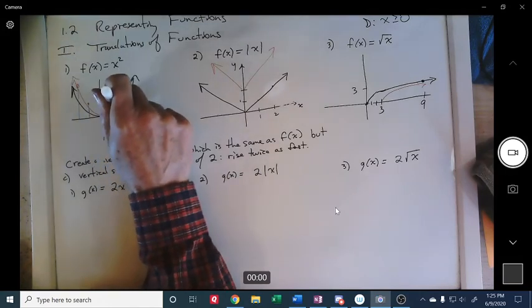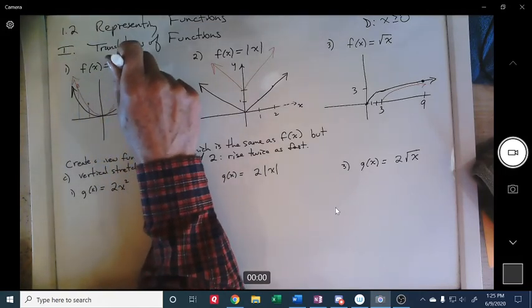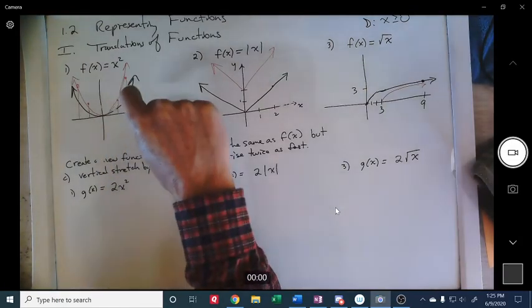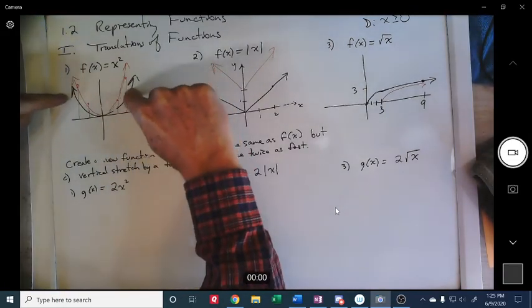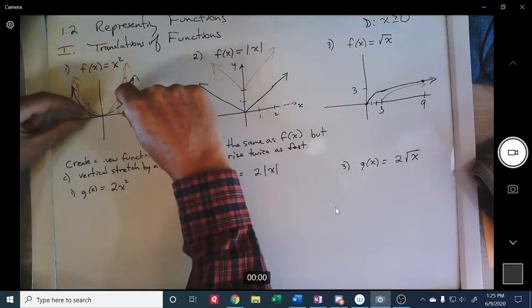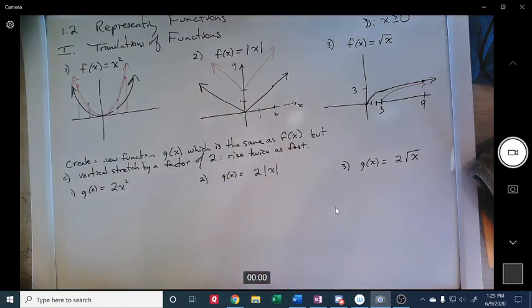And now, how I think of it as a vertical stretch is, for me, the visualization that works is I think of rubber bands. On this black curve, the rubber bands go straight down, the red portion of the line below that curve down to the x-axis.